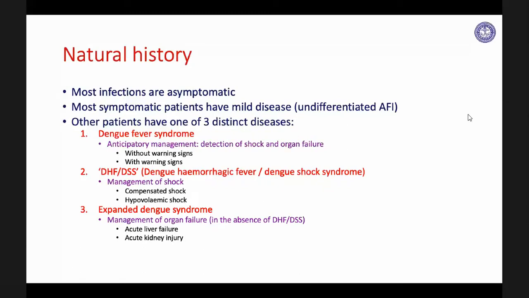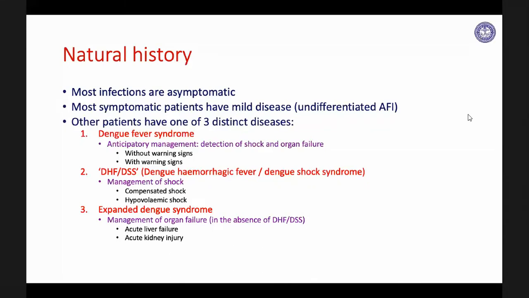Dengue fever syndrome is basically diagnosed on the basis of clinical features without any leakage features, and, of course, possibly confirmed by an NS1 antigen. Basically, the management of dengue fever syndrome is anticipatory management, which means you are watching out for the development of shock and organ failure.